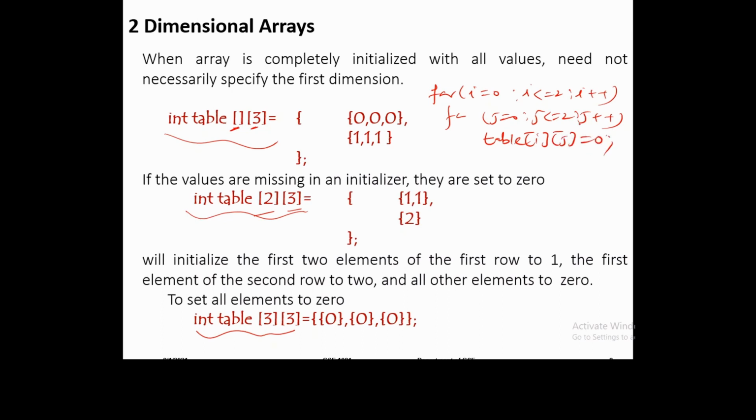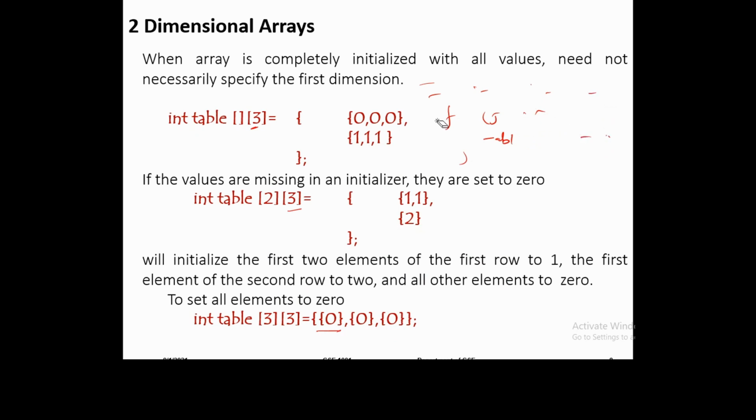So it will initialize all the elements of this array to 0 by traversing each and every location. But if we do not want to do it like this, then we can simply do it like this in table 3 3 and row 1 entries, row 2 entries, row 3 entries. These all will be initialized to 0.